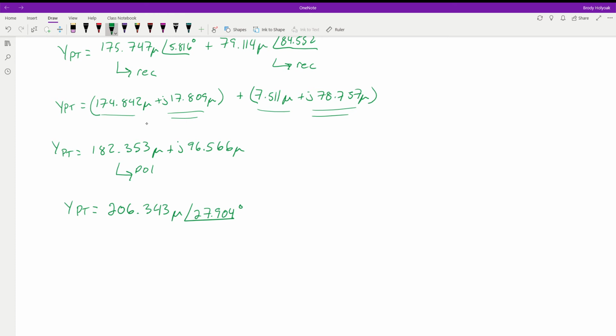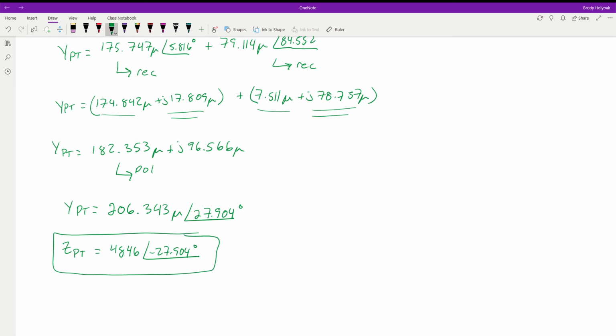Now we take the reciprocal of this value because it's in polar form right where it needs to be. So Z parallel total is equal to 4846 at an angle of negative 27.904 degrees. And there is our impedance total for the parallel branch.